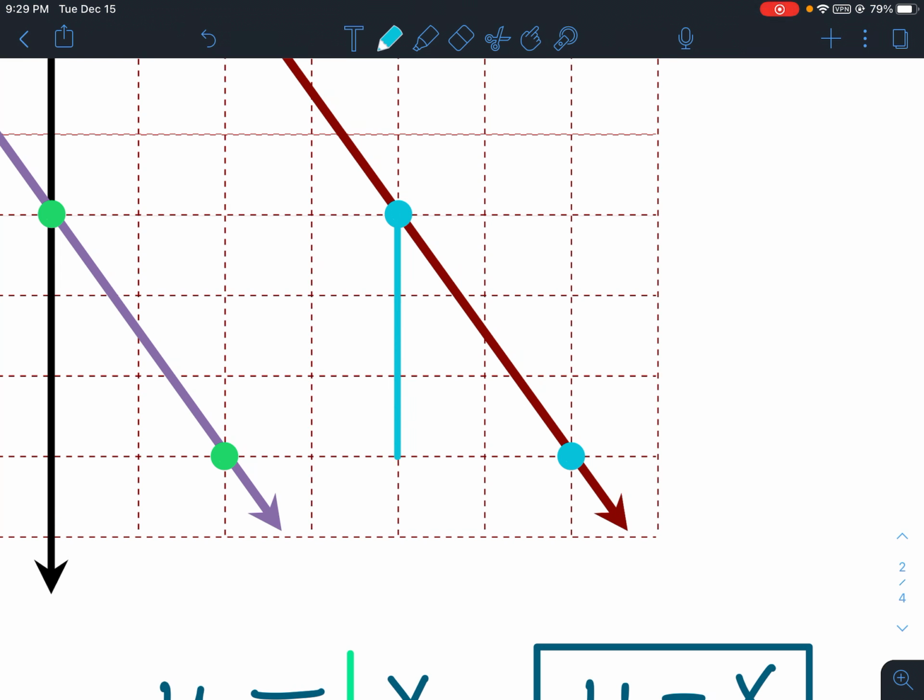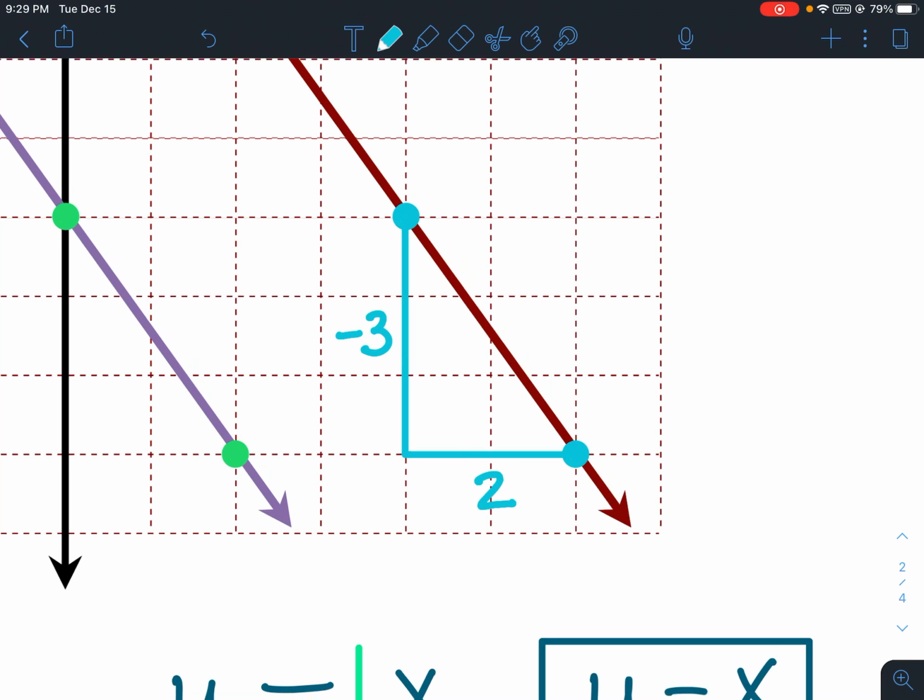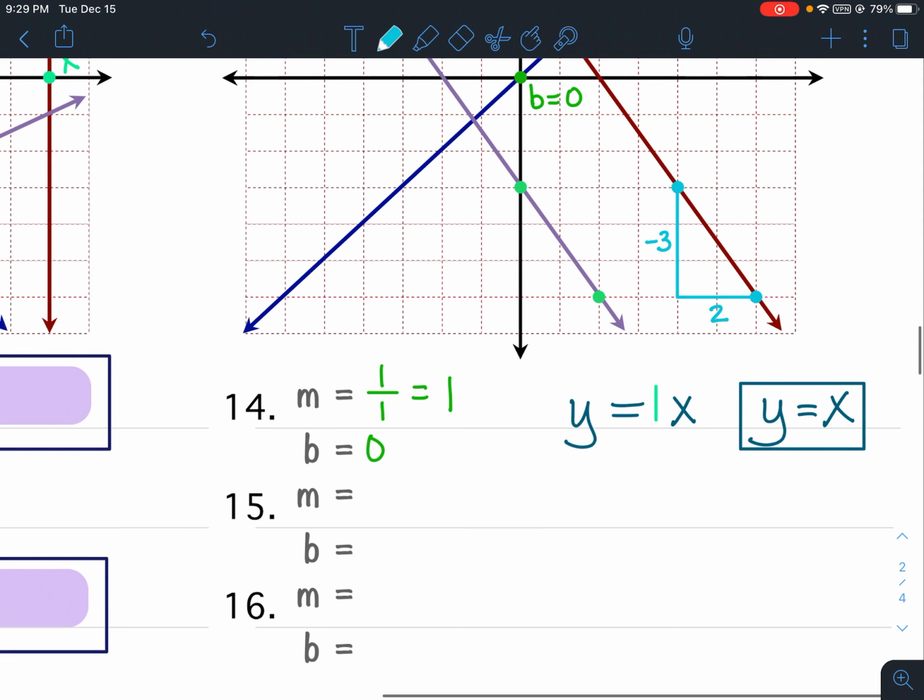I go downward and then to the right. So this is down 1, 2, 3. So this would be -3. My run is 1, 2. So my rise is -3, my run is 2.